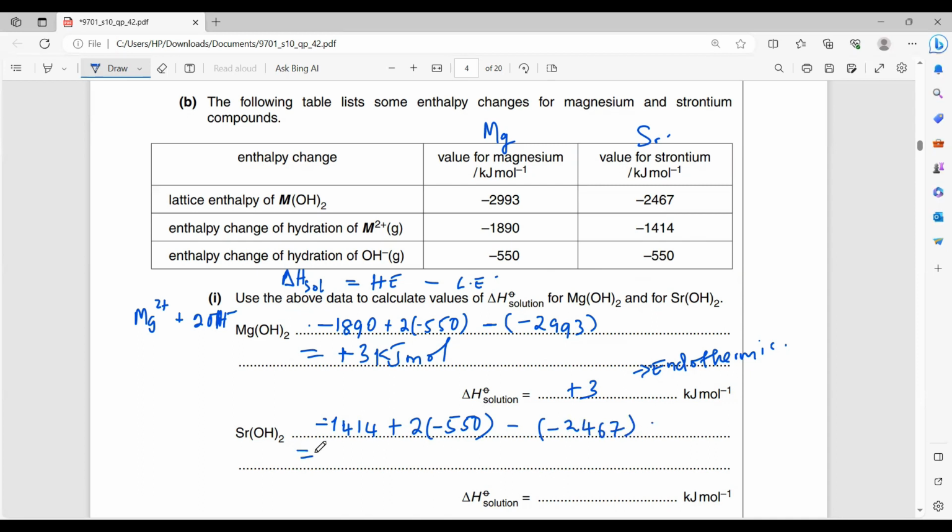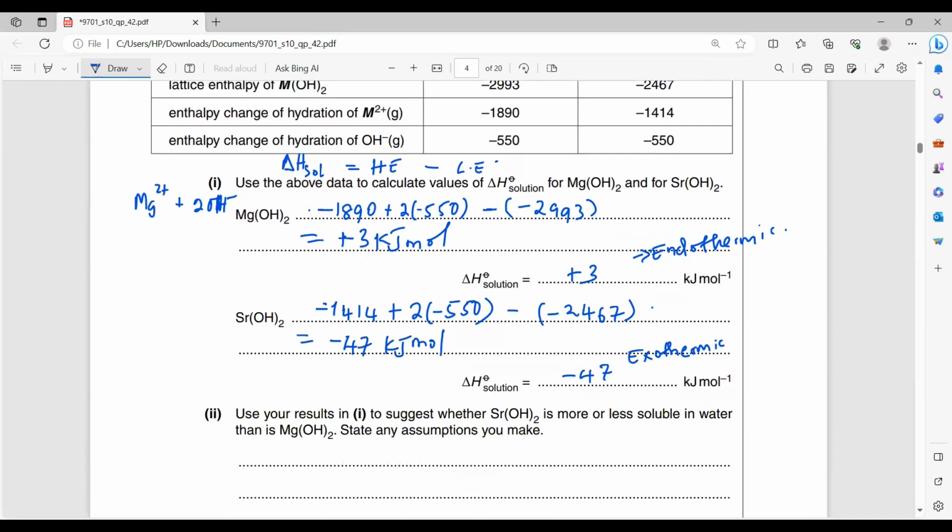Using my calculator, I have minus 1414 plus 2 times negative 550, minus minus is plus, so plus 2467, and that gives you minus 47. So you're going to put minus 47 here, and this is exothermic, since the enthalpy change there is negative. And that's it for the B part.